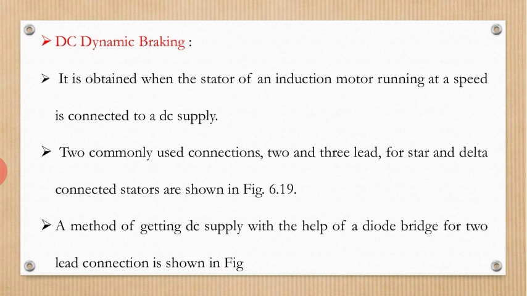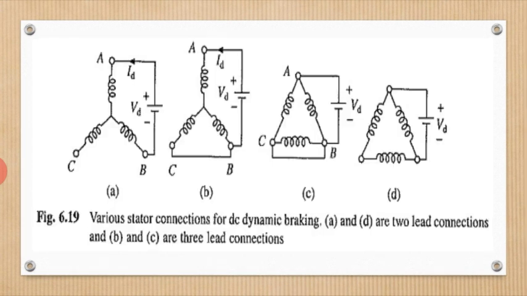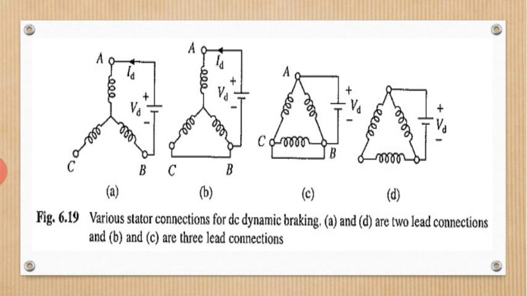So the DC supply is required. Hence a method of getting DC supply with the help of a diode bridge for the 2-lead connection is shown in the figure. Before that, these are the various stator connections for DC dynamic braking.